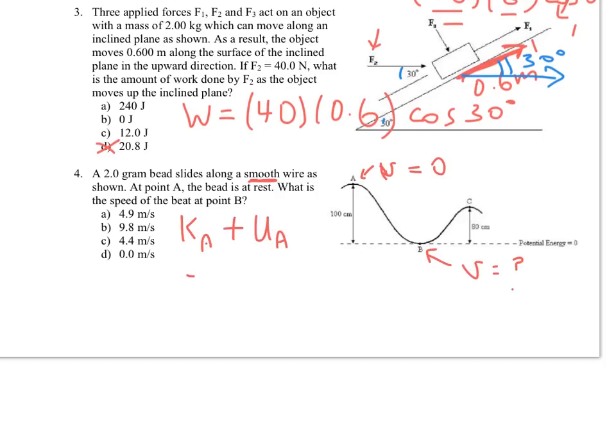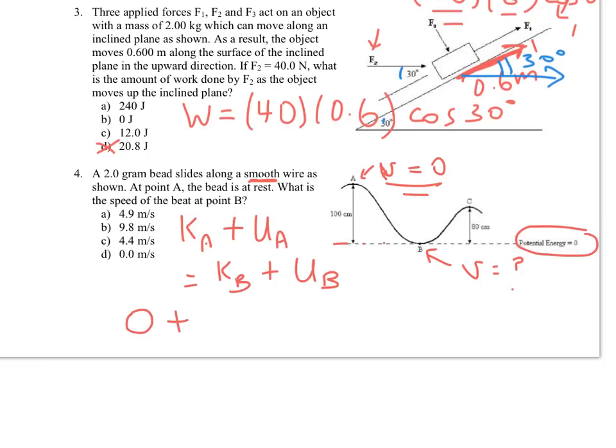U sub A must be equal to K sub B plus U sub B. That would be the final position. Now, since at point A your velocity is 0, the kinetic energy at A is 0. They tell you potential energy is 0 at this level.